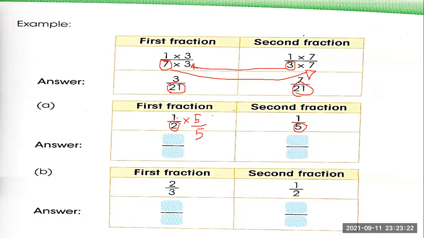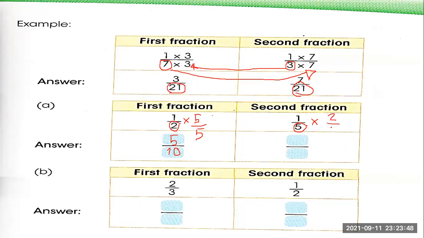So we have here 1 times 5 and 2 times 5. So our answer for this is 5 over 10, right?